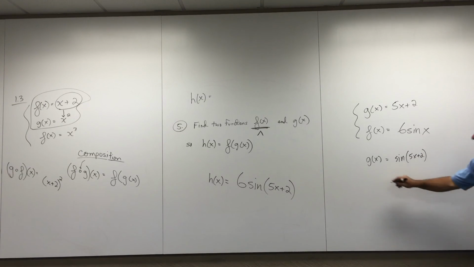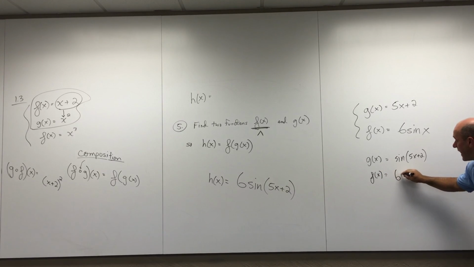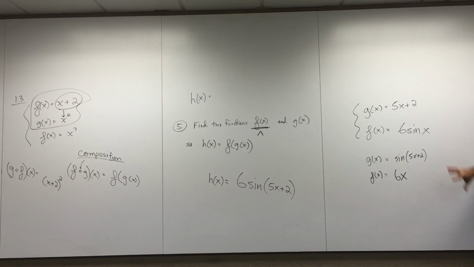And then what would I call the f function? 6x. Good, 6x. And so then if you stuck him into him, which means into the x, you would have the answer. So there's more than one way to decompose sometimes.